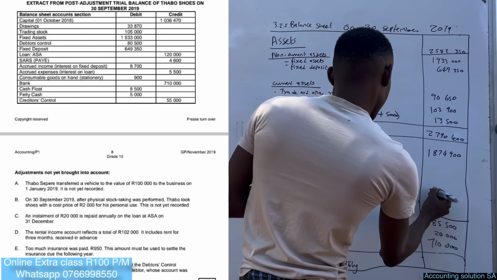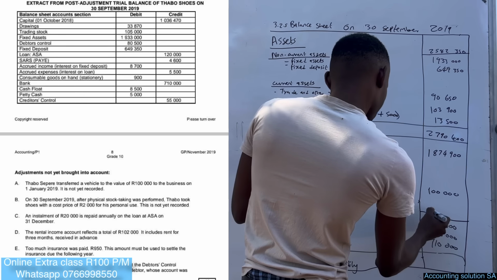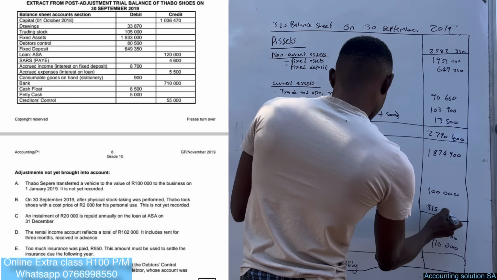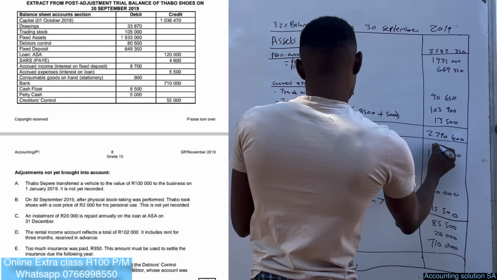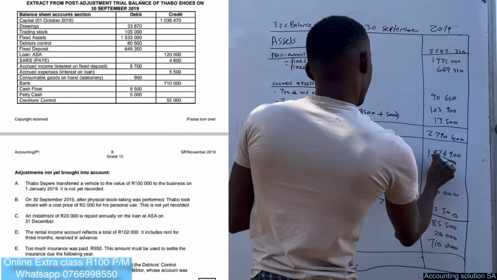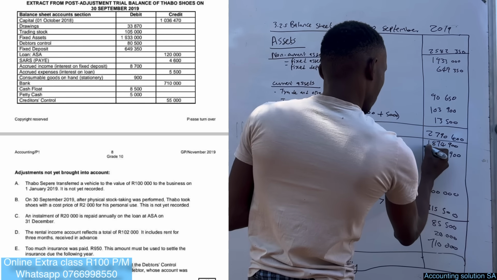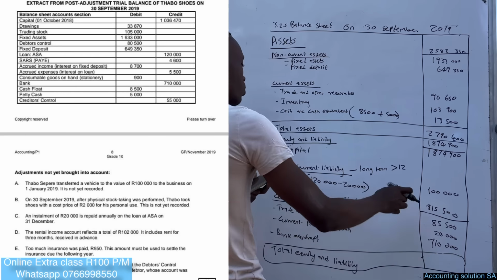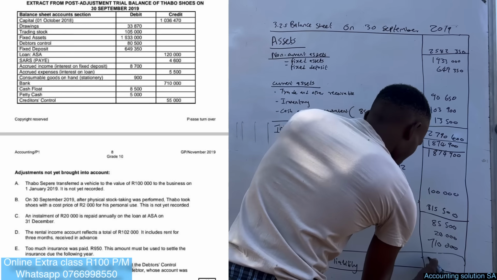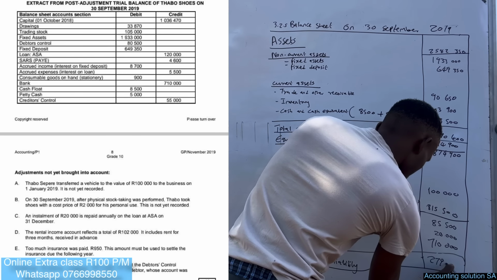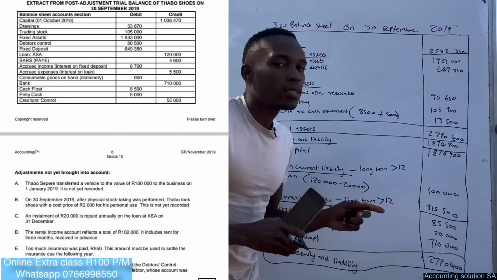Okay, this one is from here, 100,000. This side is 815,500, and equity is going to be the same amount of 187,900. Okay, then total assets is equal to total equity and liability, which is going to give us 2,790,400. That's how we conduct a balance sheet, guys.